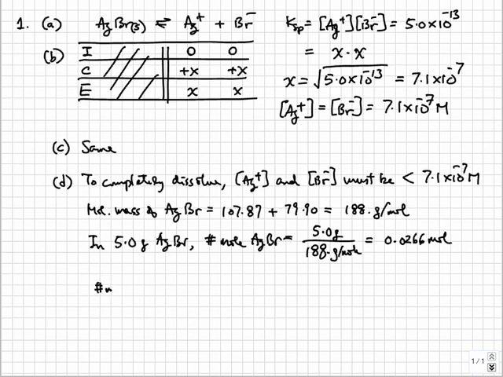If the AgBr dissolves completely, the number of moles of Ag+ and Br- are both equal to this.